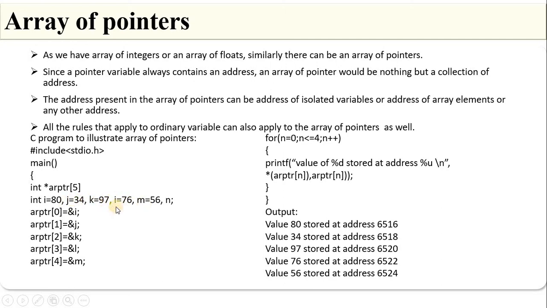They have some values. If I want the address of i, I should say &i. So &i I am putting into the pointer arptr[0], and j's address I am putting into arptr[1], k's into arptr[2], like that.